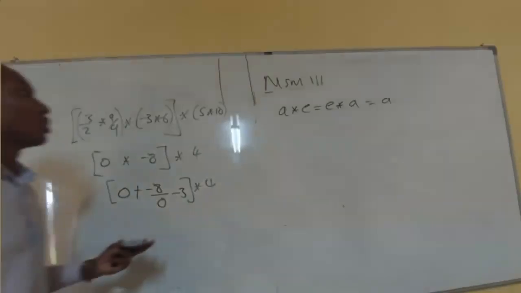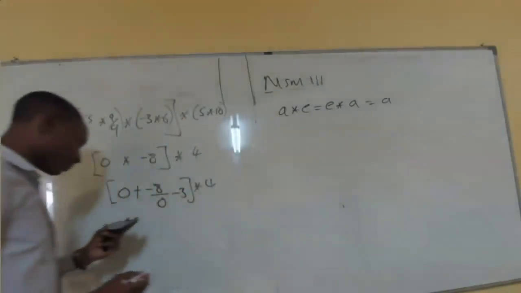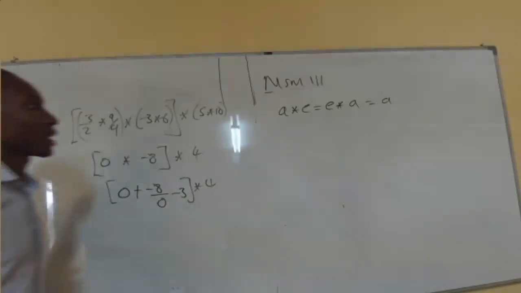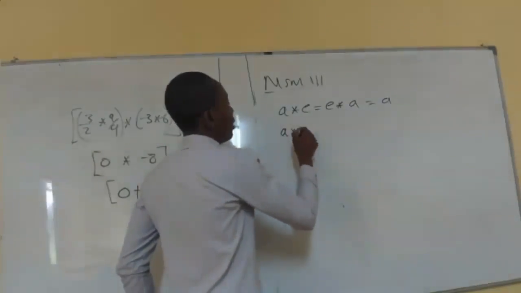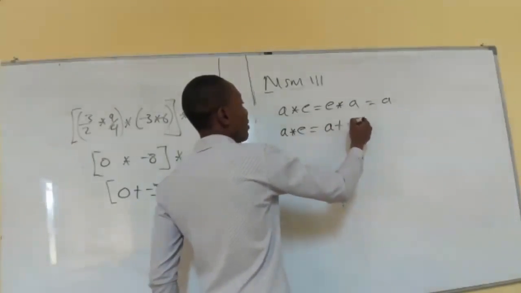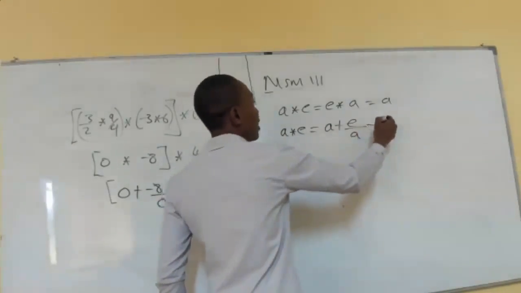Okay, so now what is A star E? A star E: the first number is A, plus the second number E over the first number A, minus 3.